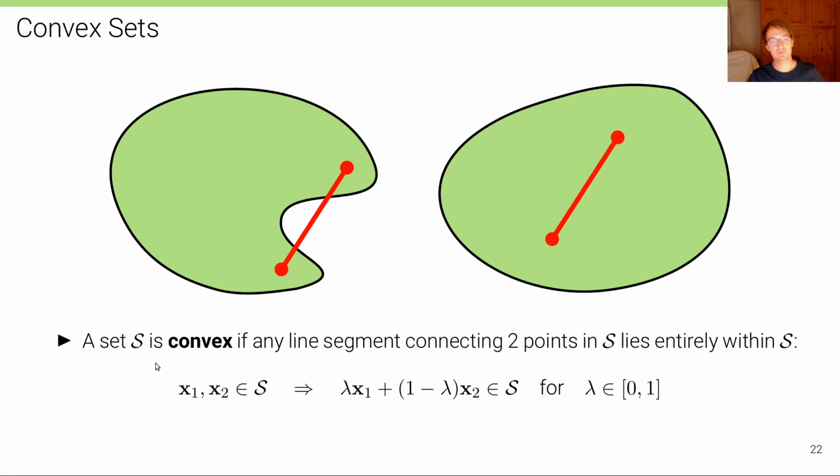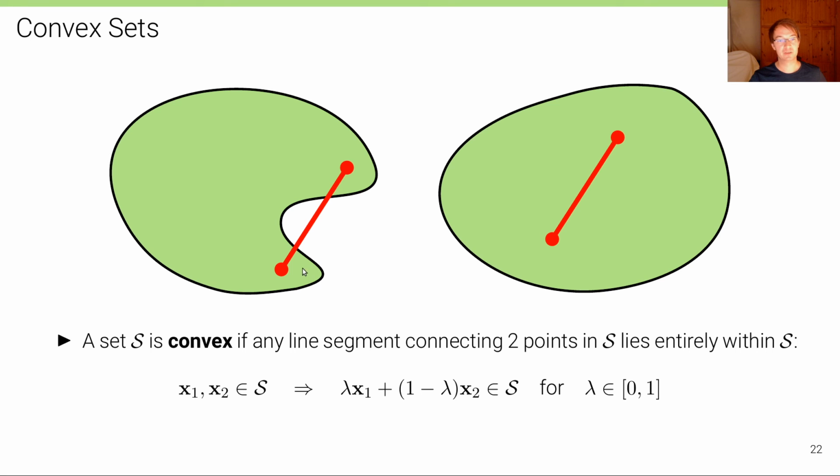A set S is called convex if any line segment connecting 2 points in S lies entirely within the set S. Or more formally, if 2 points x1 and x2 are within the set S, then any point that can be expressed as the linear combination of lambda x1 plus 1 minus lambda x2, where lambda is from the interval 0 to 1, must also be in the set S.